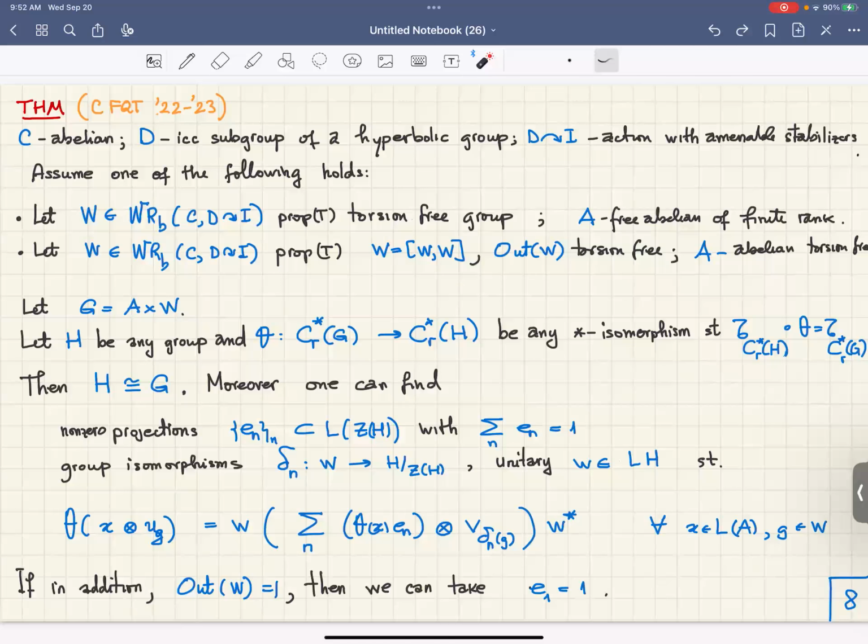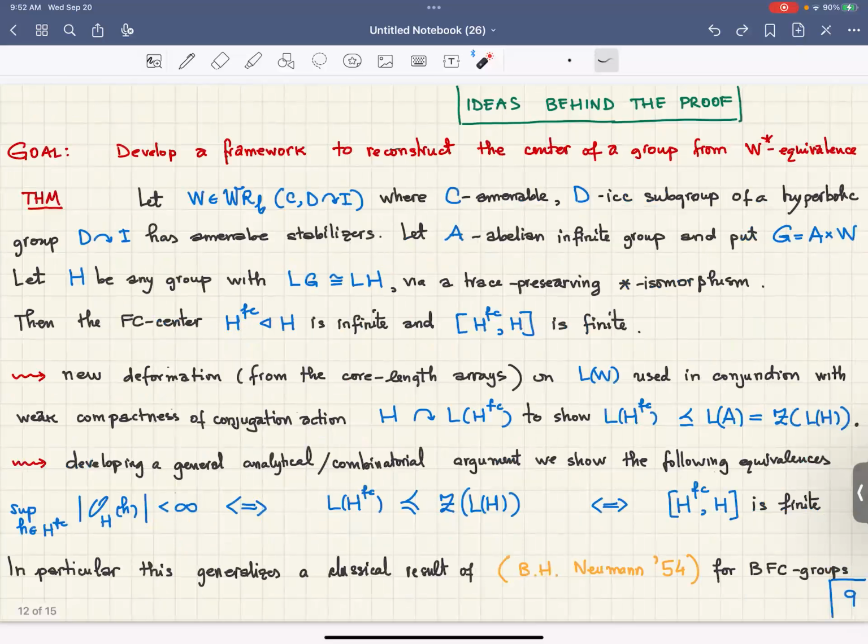And then, of course, what I should say, just two words, describing the proof: working on this, we found a framework on how to reconstruct the center of a group from W star equivalence.